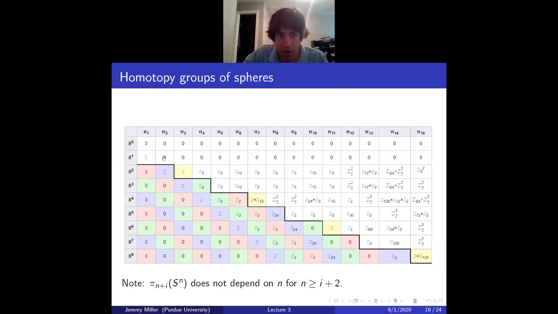In the beginning it's 0 and then 0 and then Z, and then it becomes Z mod 2. The next diagonal is zeros and then it becomes Z mod 2. Got some Z mod 2s, or zeros, then Z mod 2, then Z mod 12, then Z cross Z mod 12, but then it becomes Z mod 24 and stays that way. So these homotopy groups stabilize, and most of the effort is in calculating the stable values.